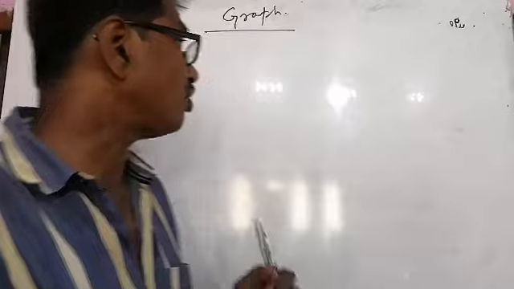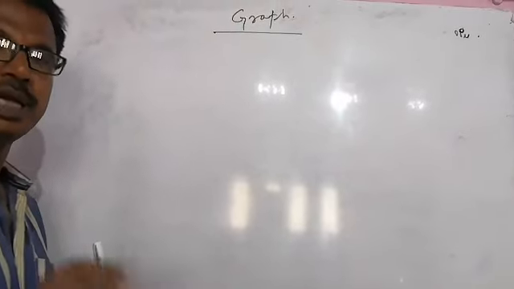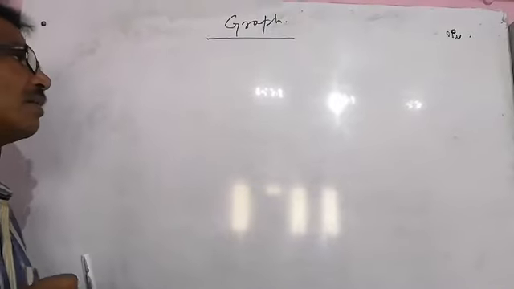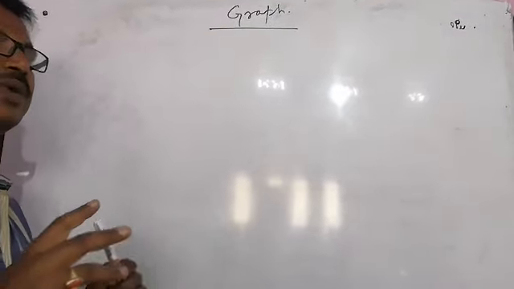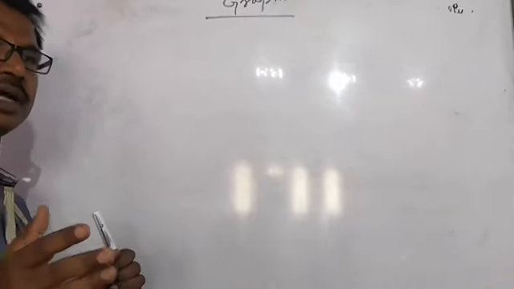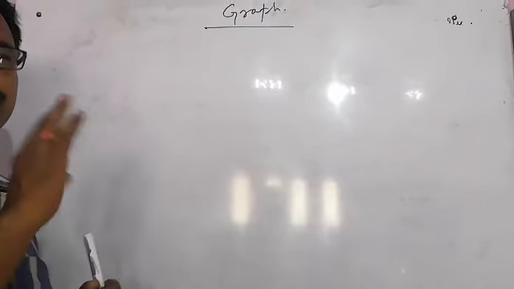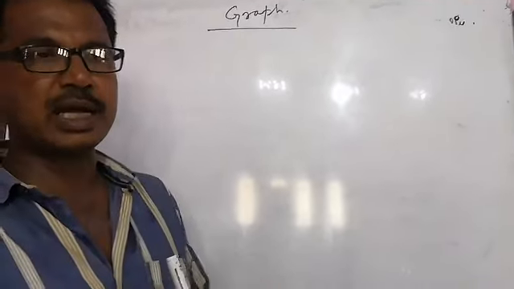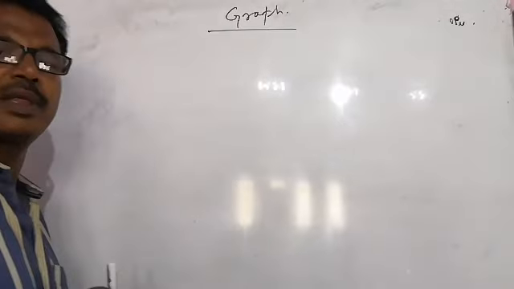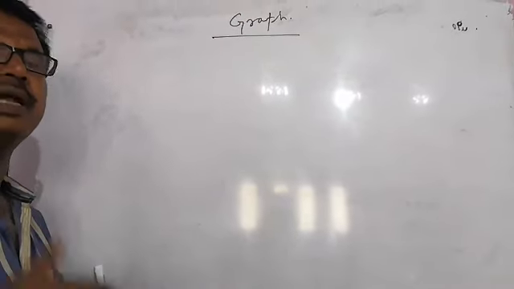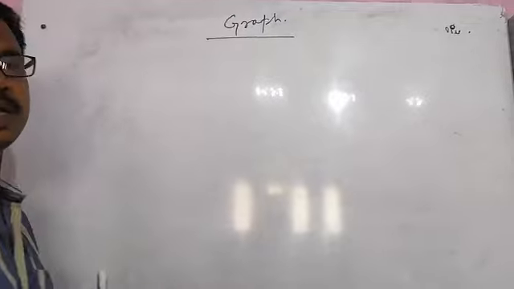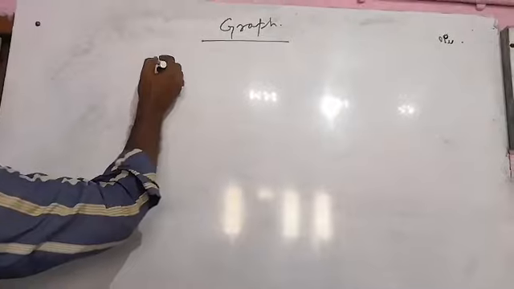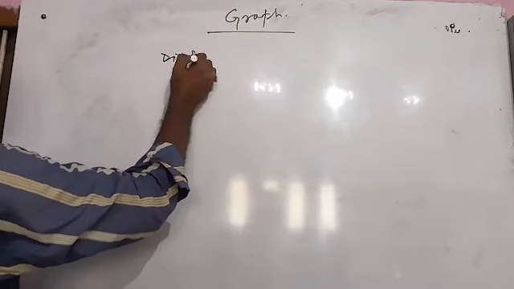And now let us know about graphs, like distance time graph, speed time graph, velocity time graph, and what we can obtain from those graphs, and what are the patterns of those graphs in different conditions, like when the body is moving at uniform speed, or the body is moving at non-uniform speed but uniformly accelerated. So let us know about that. Let us know first of all about distance time graph.